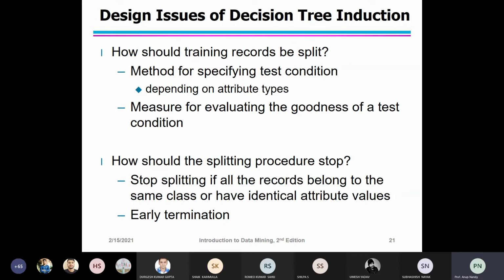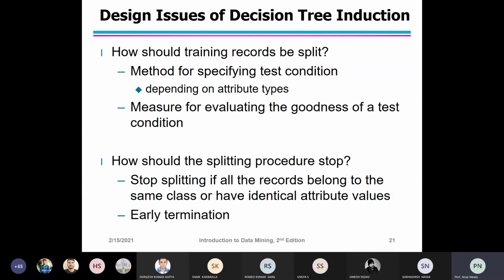It means that at each recursive step of the tree growing process, it must select an attribute test condition. Because the Hunt's algorithm is recursive, at each recursive stage of growing the decision tree, an attribute test condition has to be employed to divide the records into smaller subsets.